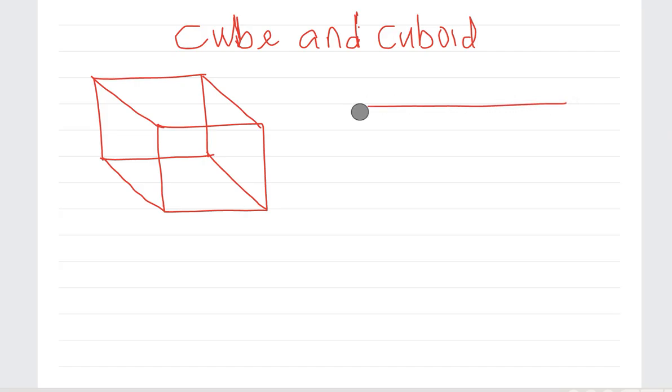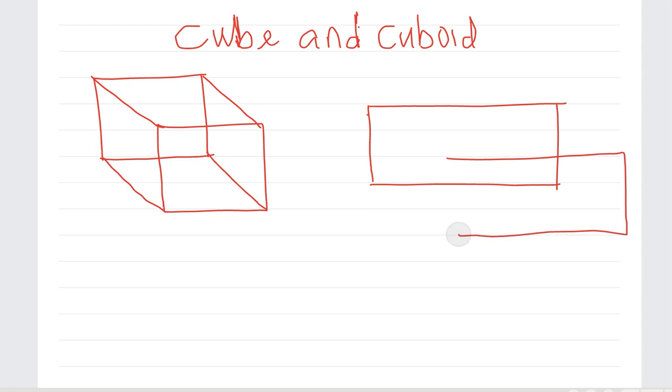We said a cuboid is in the form of a rectangle, while a cube is in the form of a square. A cuboid is like this, like this, like this, and like this. These are their shapes, that of cube and then cuboid.